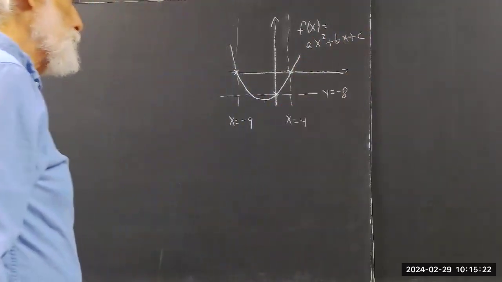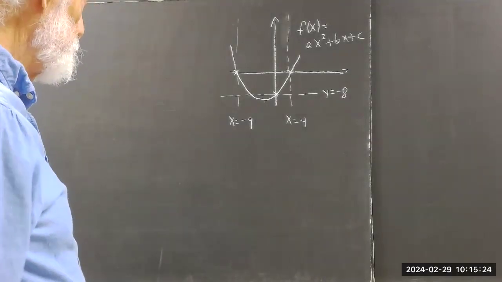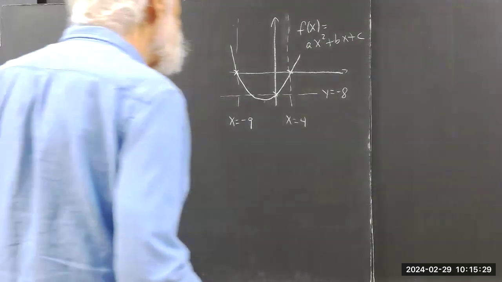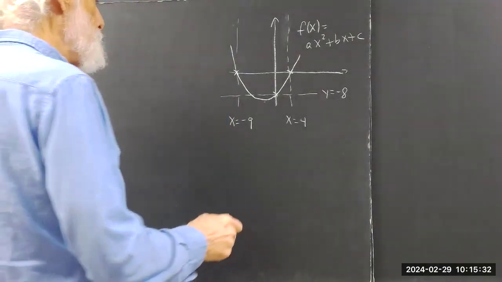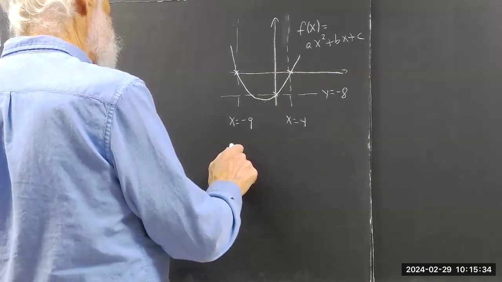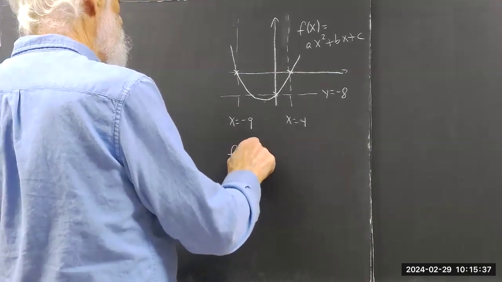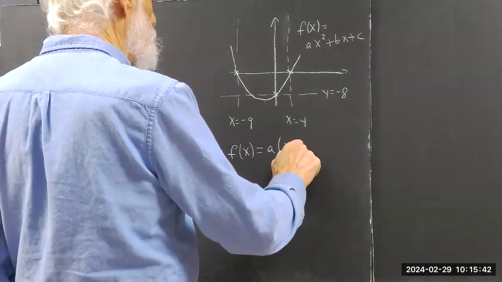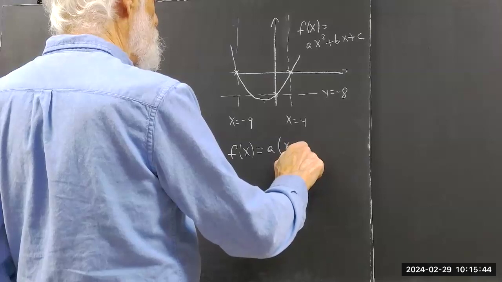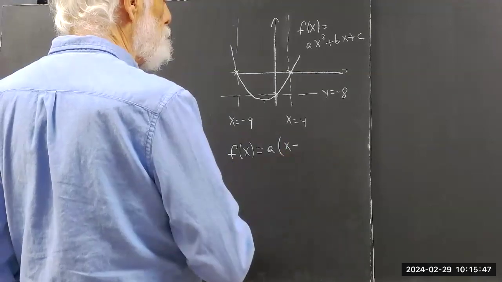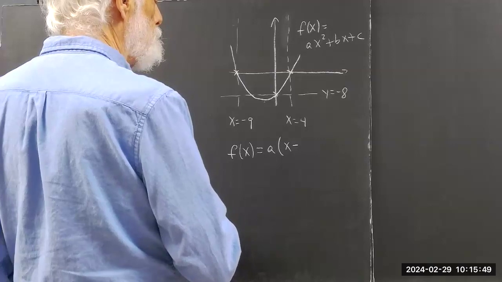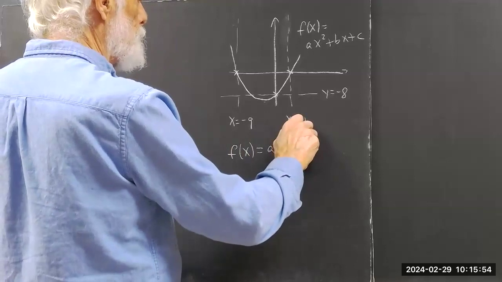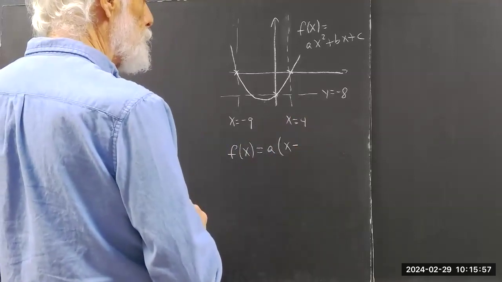Which is ax squared plus bx plus c. I'm trying to decide what symbol is going to be most useful for you.